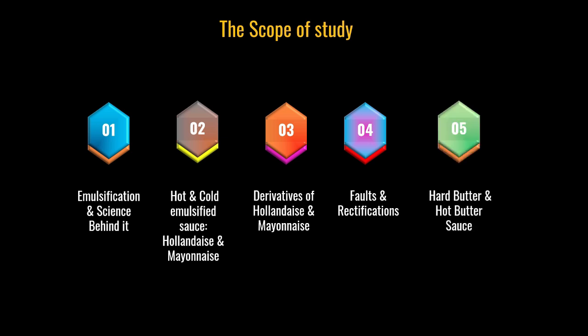And finally, we are also going to discuss another category of sauce, that is hot butter sauce and cold butter sauce. Okay, so this is our area of discussion today.